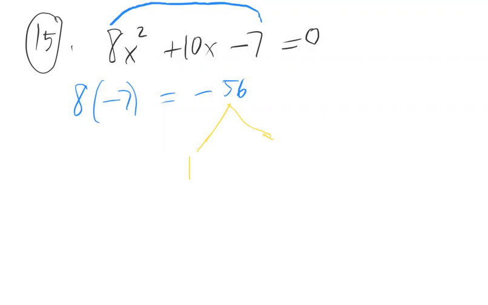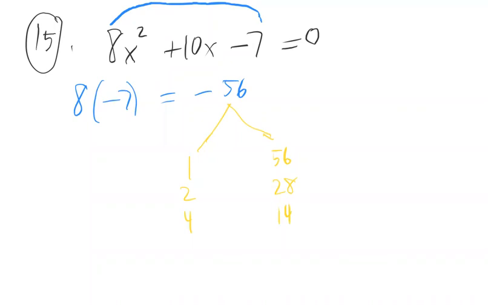So you could do 1 and 56, or 2 times 28, or let's see, 4 times 14. Okay, that might work. So look at the 4 and the 14.